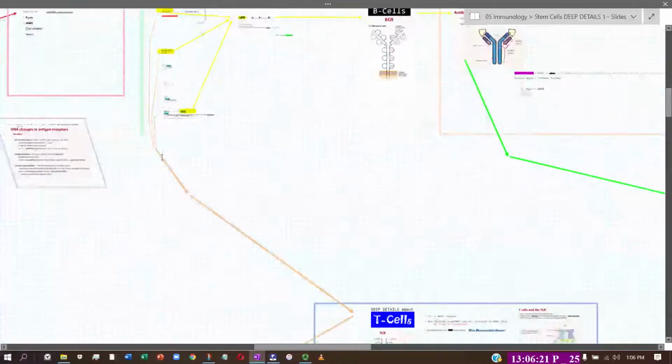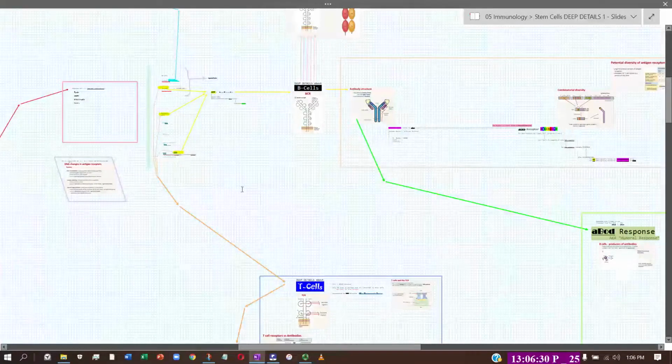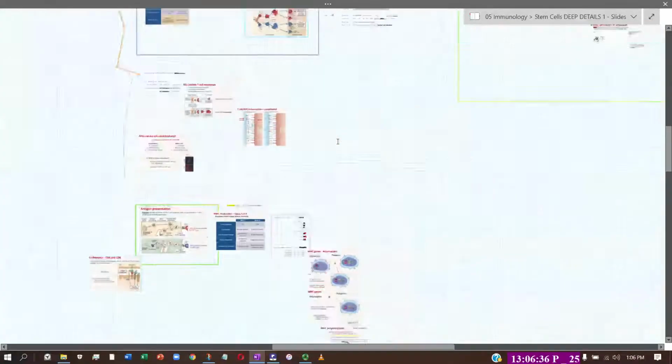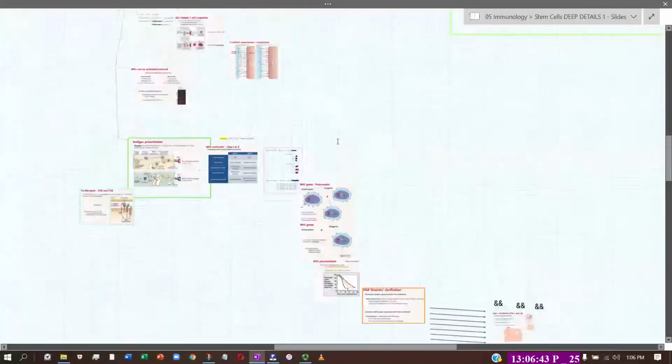And likewise over here, they are associated with T cells, and they perform all sorts of things. It induces actions and things of that nature. So yeah, that's pretty important.